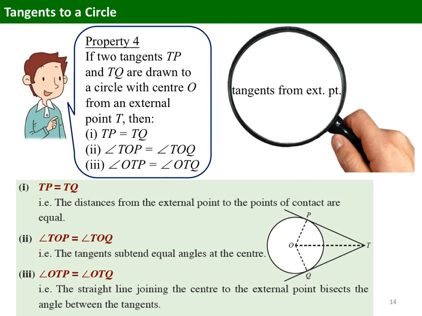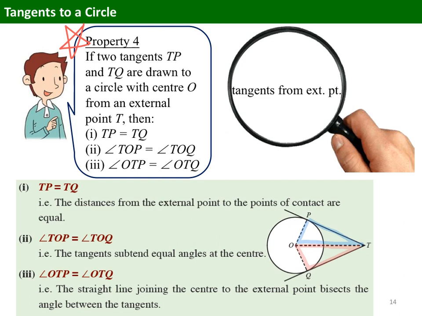Okay. Property 4 is very important. In this property, we have an external point T. And we can draw two tangents from T. After we draw the figure like this, we have two triangles which are congruent. So we have three properties.